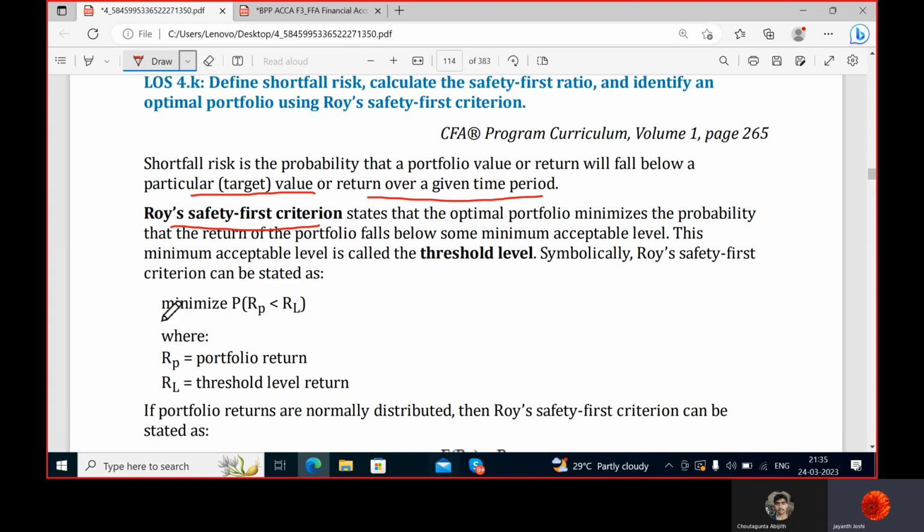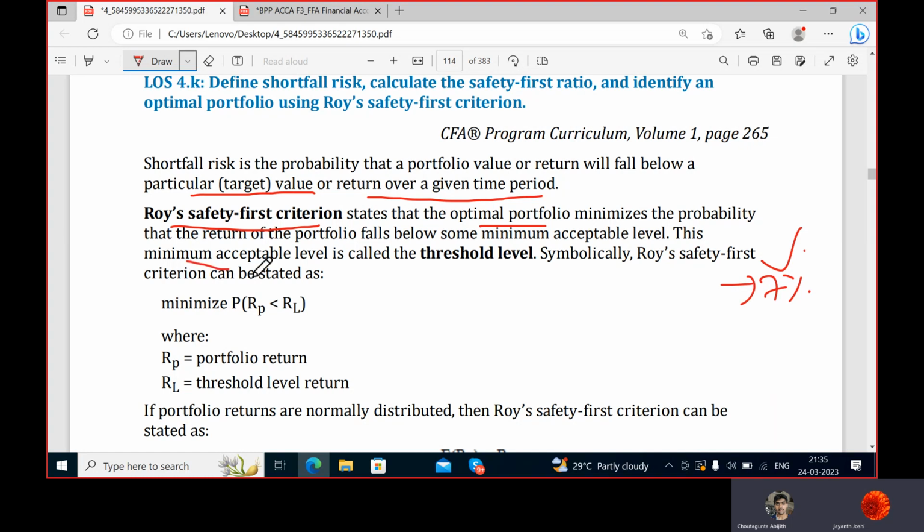So Roy's safety first criterion states that if you make an optimal portfolio, it minimizes the probability that the return of the portfolio falls below some minimum acceptable level. See, suppose you want 7% minimum returns. So Roy's safety criterion tells you what that optimal portfolio can be, which can reduce the probability of you getting returns less than this level, correct?